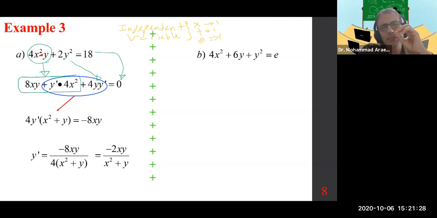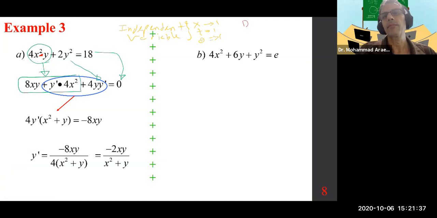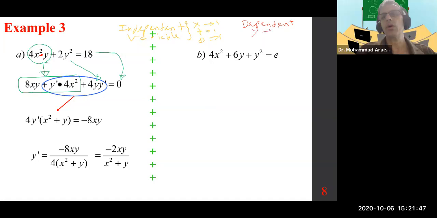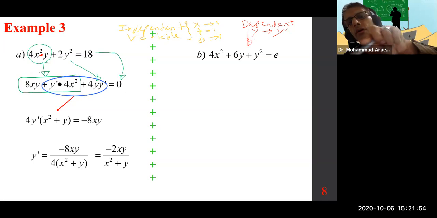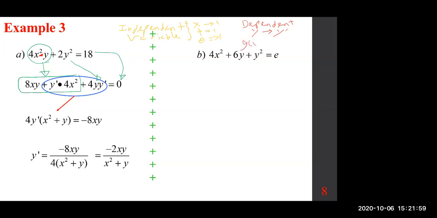However, when the variable is dependent, what is the derivative of y? Y prime. What is the derivative of g of x? G prime of x.